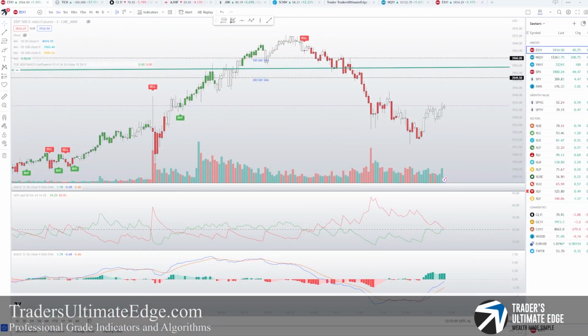So here we can see today's chart, and I'm going to show you why opening and closing conditions should be fairly simple. Here on the chart, this is my ADX MACD confluence indicator. It's exactly what you see here, has the colors, sell, buy, and it's completely free. Just search for Trader's Ultimate Edge or TUE ADX MACD, and you can find it for free on TradingView.